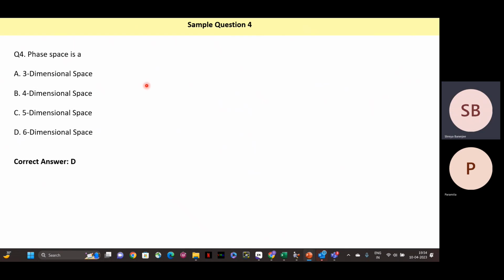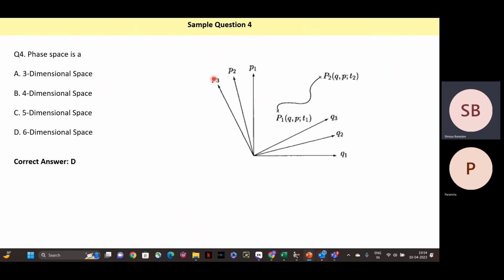The correct answer is D, 6-dimensional space. Phase space will basically, suppose there are two particles, P1 and P2. Each particle will have three parameters: the position P, the momentum Q, and the time. So since it has three parameters and two particles, it will be a 6-dimensional space.